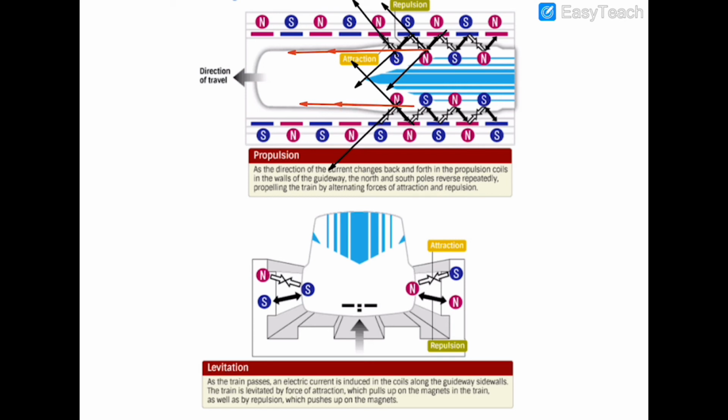This component is responsible for the propulsion or the movement of the train on the horizontal track in the forward direction. So this is the propulsion of the maglev train equipped with EDS suspension, and I've already explained the levitation in the previous screen.